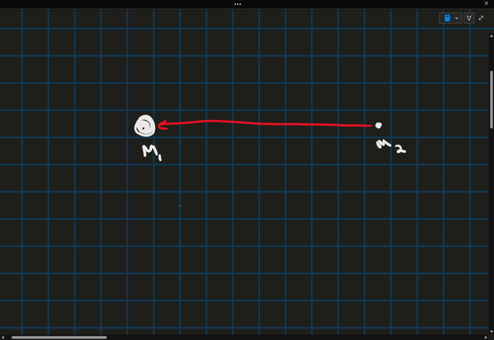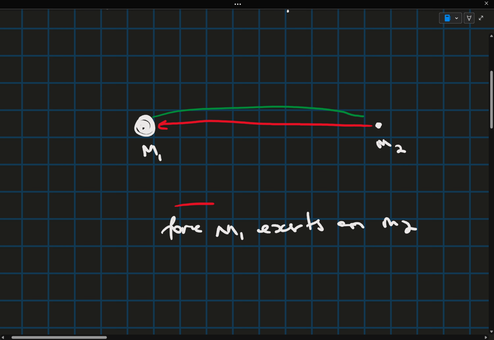So the red vector speaks to the force M1 exerts on M2, and the green would be the force M2 exerts on M1.